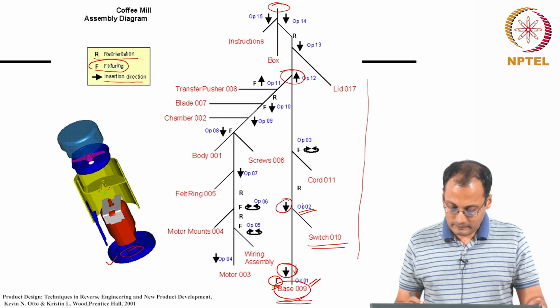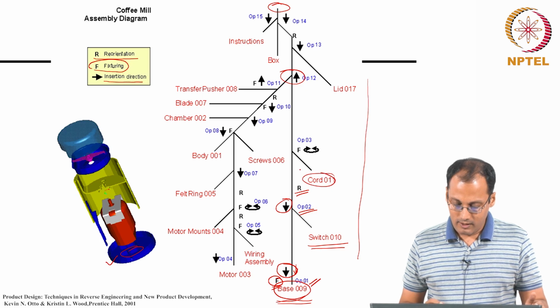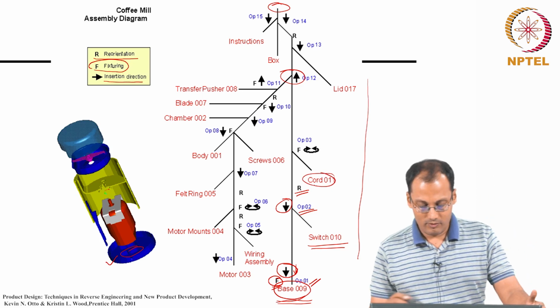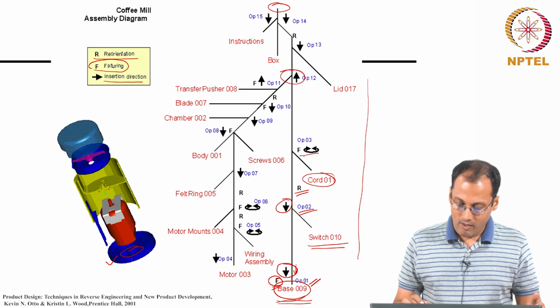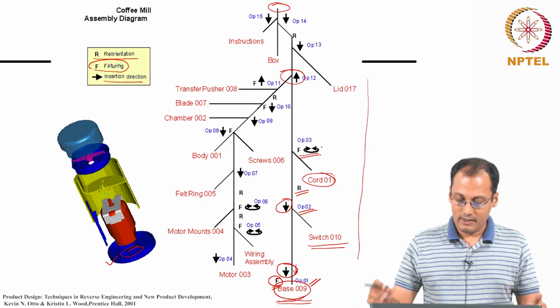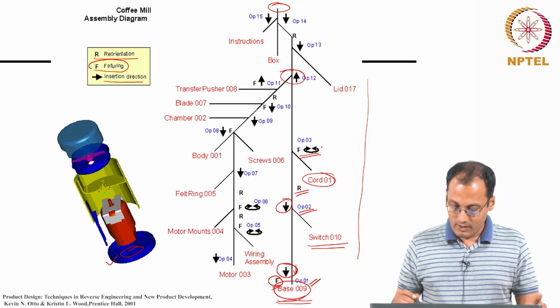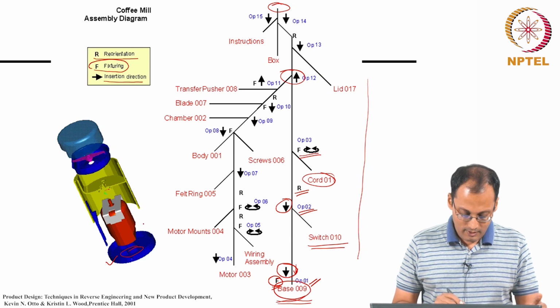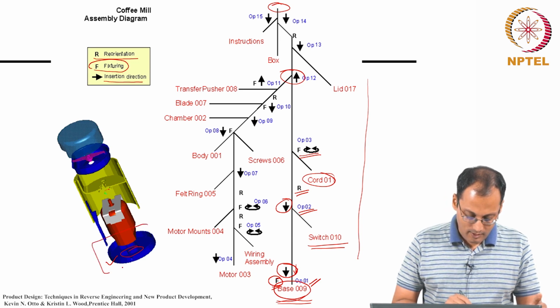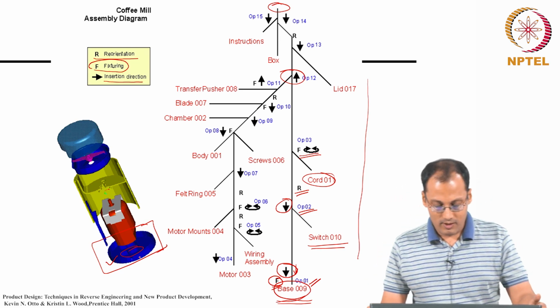So, once I have put the switch, I will have to do a reorientation so that I can bring in the card and attach it to the switch. The card operation may require, it is not a linear operation, it might need some rotary operation. So, this completes the subassembly associated with the base.